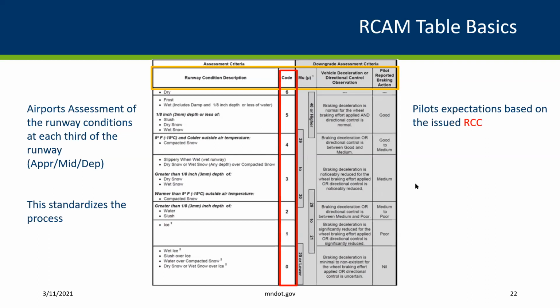Then as pilots, we know that if I see an RCC of 3, I can expect, when I land there, that my braking deceleration is going to be noticeably reduced and my direction control is going to be noticeably reduced. So I'm probably going to be lowering my crosswind limits so I don't get blown off your runway. And I'm going to make sure that I have adequate runway available and where I should be doing my braking. So that's the expectation that we can get when you see a contaminant and publish an RCC code.